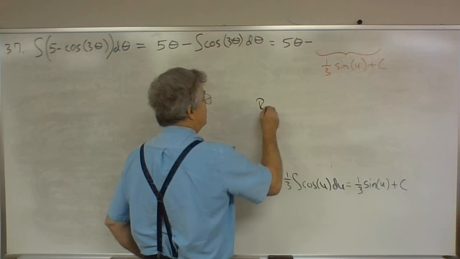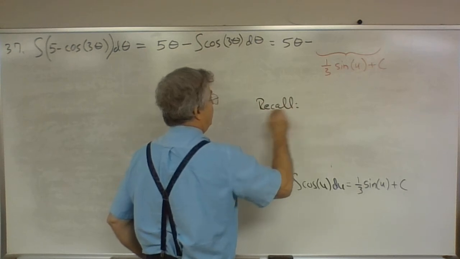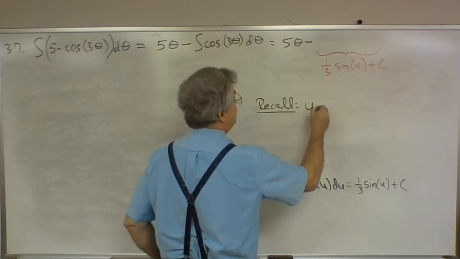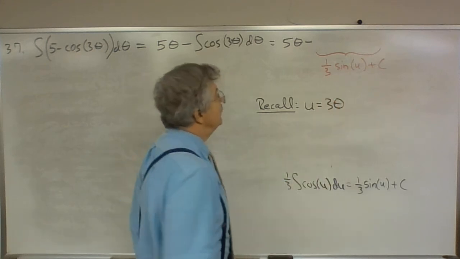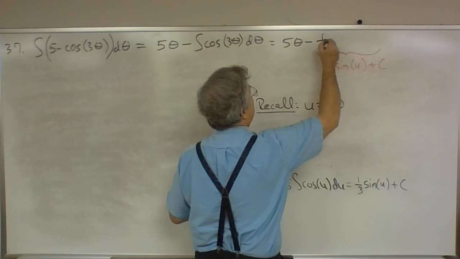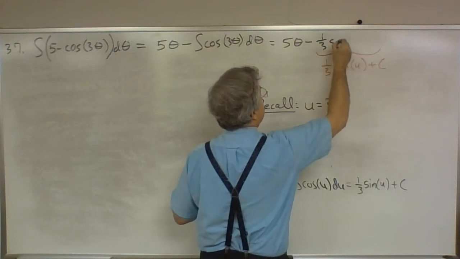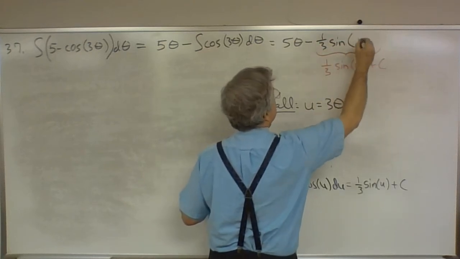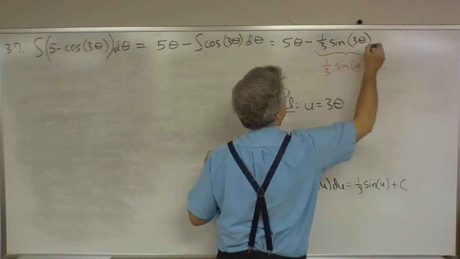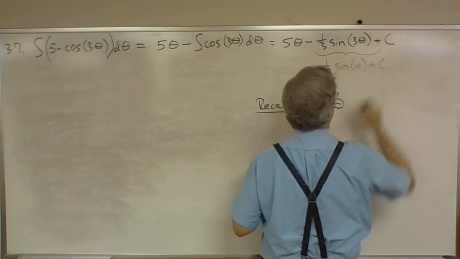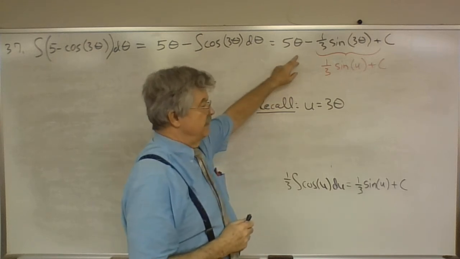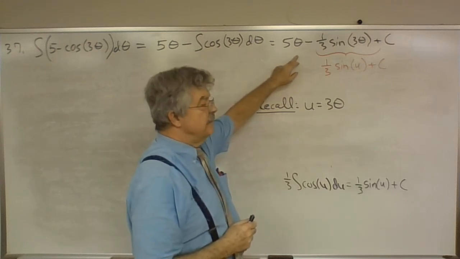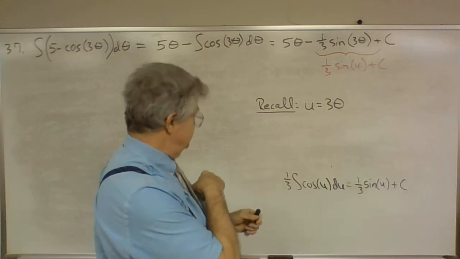And if you remember, u equals 3 theta. So 1/3 the sine of u becomes 1/3 the sine of 3 theta. And this is our final answer, 5 theta minus 1/3 sine of 3 theta plus c.